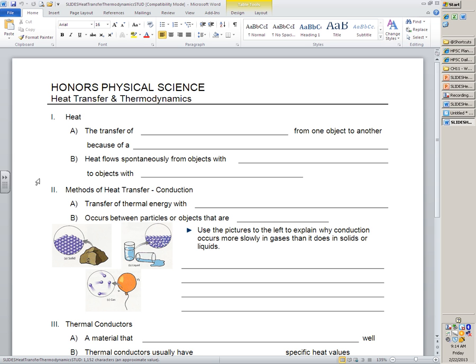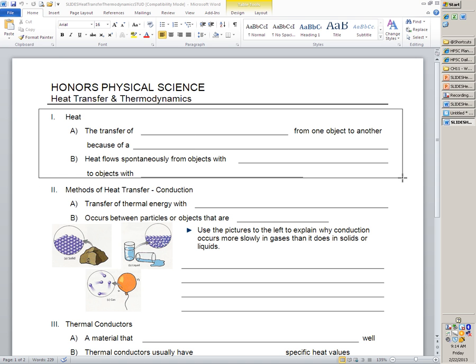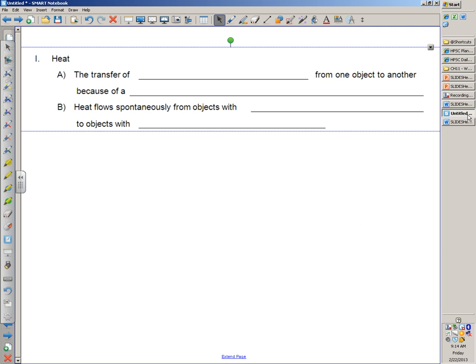So, first part of the outline, right? These are definitions from the last outline. Okay. Heat, transfer of thermal energy from one object to another because of a temperature difference. Heat flows spontaneously from objects with high temps to objects with low temps. Good there?